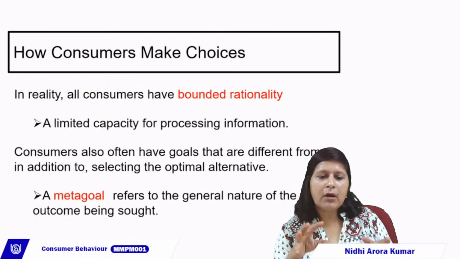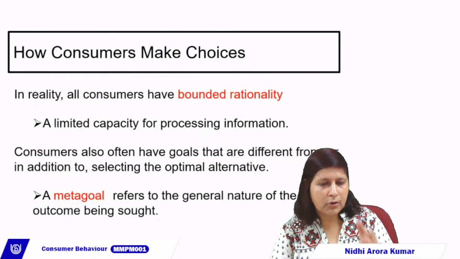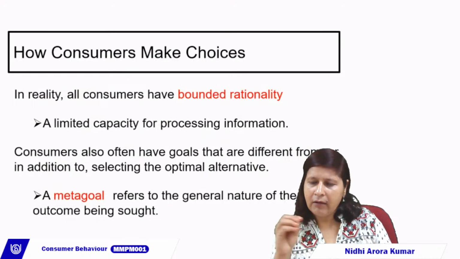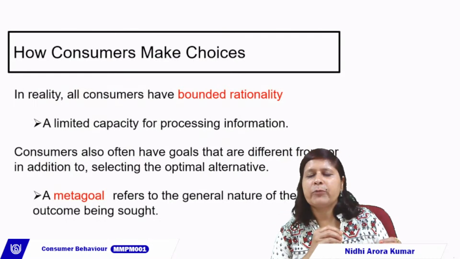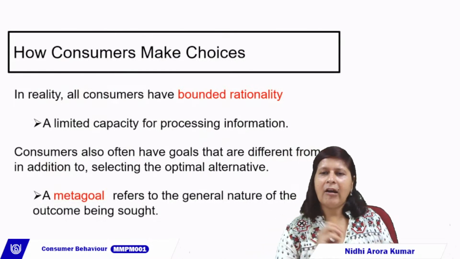So a meta goal refers to the nature of the outcome being sought. So although the consumer is rational, they have bounded rationality and they have meta goals, right?